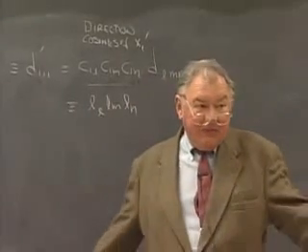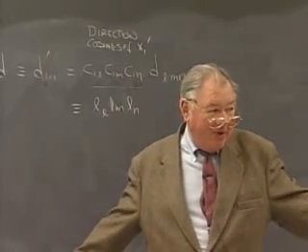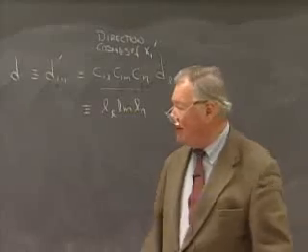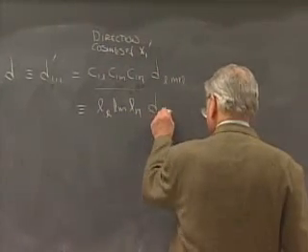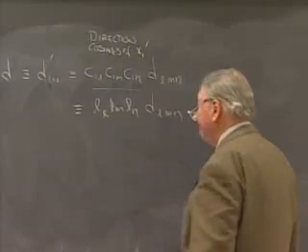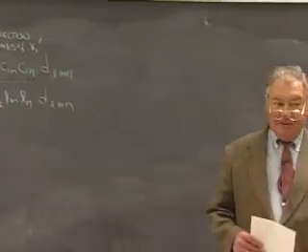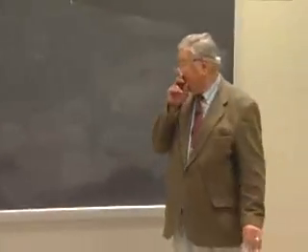We don't care about x2 prime or x3 prime, because these don't enter into the modulus that we have defined. And this will be times D LMN. Okay, so what we're doing, is it clear?